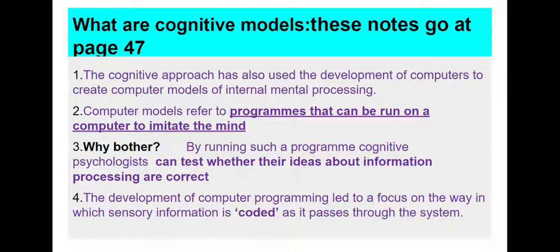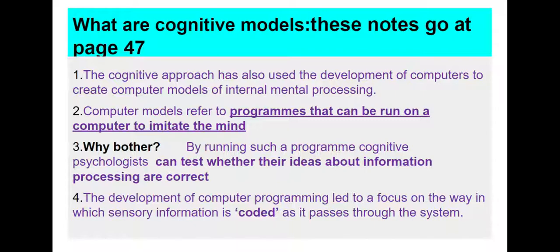So a brief description, this will go at the bottom of page 47, but it's basically saying that the cognitive approach has also used the development of computers to create computer models of our cognitive processing. Okay. So computer models refer to programs that can imitate the mind.